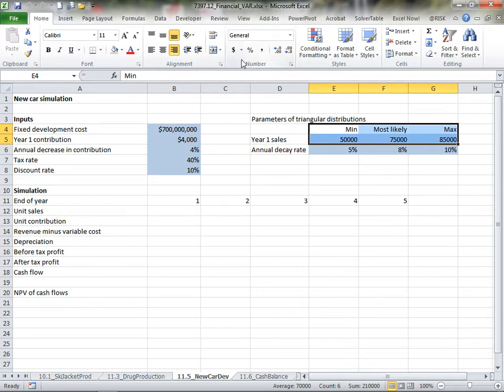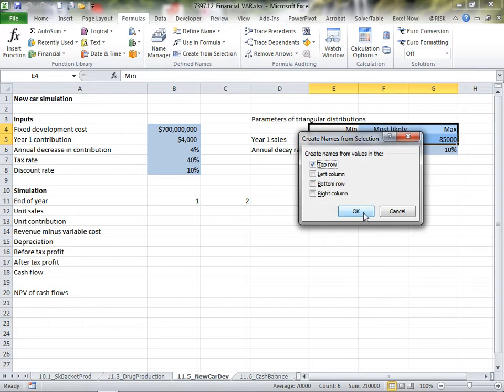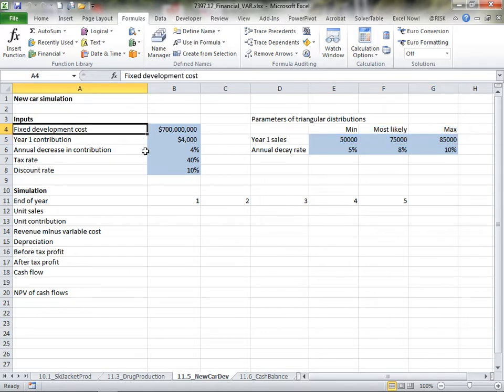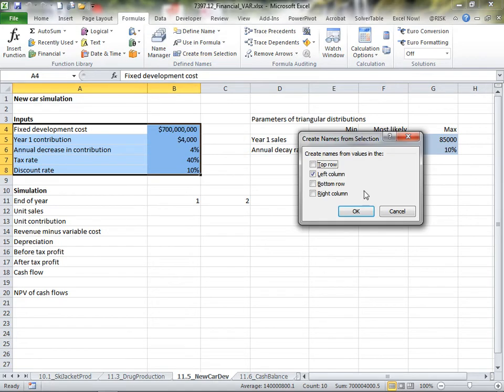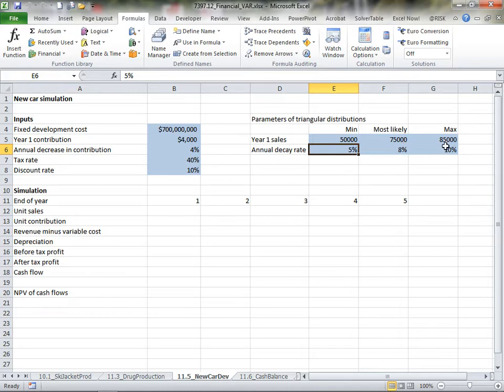And if I went ahead and tried to create range names, I would probably get, oh, it worked, okay. And I'm going to go ahead and create range names over here as well. And these decays, I'm just going to leave them like they are because I can model them just fine.